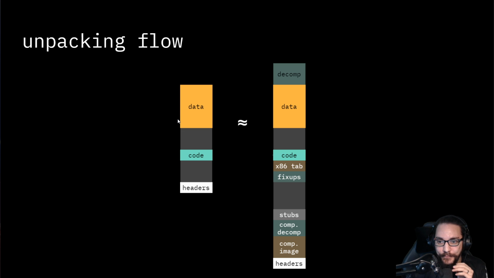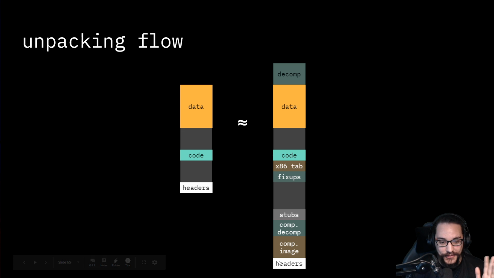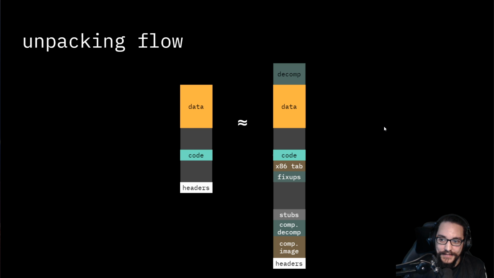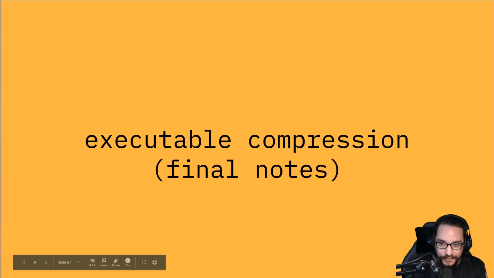Mainly that the code, the data, and BSS and some other sections that I didn't mention here are where the code expects them to be. And then we also have headers that are in a different place, but at least they're constructed accurately such that Windows can use them if it ever needs to look for a dialog, for example. So as long as these are roughly equivalent, we're good and we don't have to worry about that. So that's kind of our job.